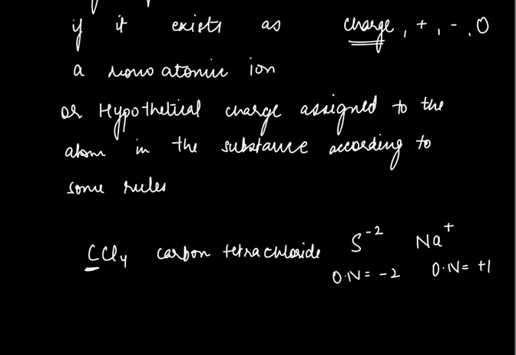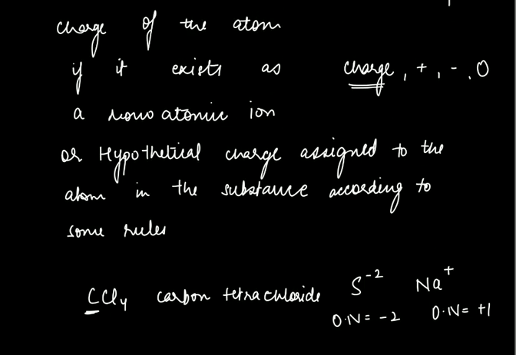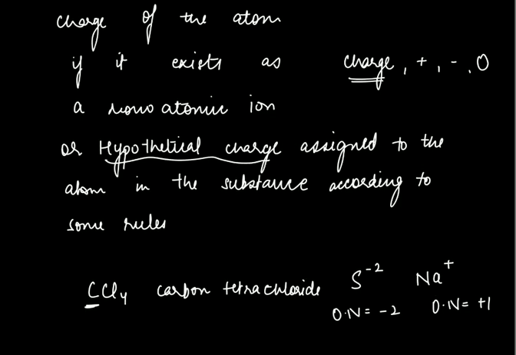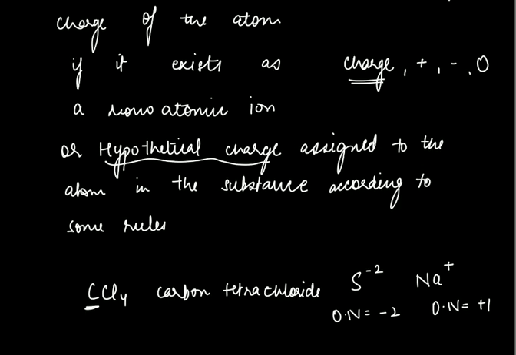So, monoatomic ion or hypothetical charge, because this is not in reality, right? We can't say that it exists in reality. It is a very hypothetical concept. But yes, we are following these rules, which we are going to discuss in a minute.